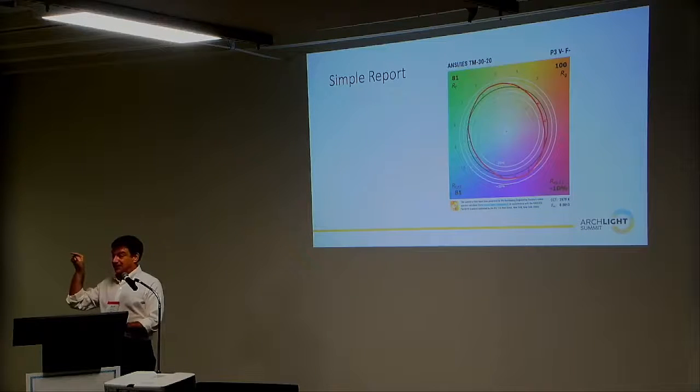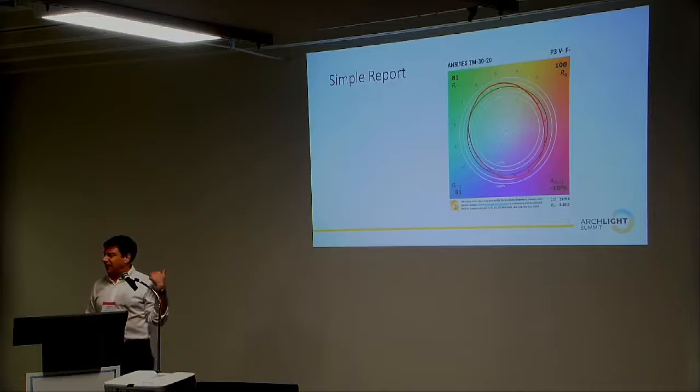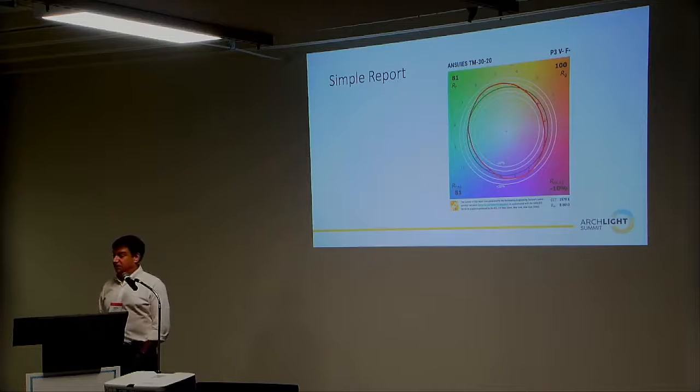The dash means that it doesn't qualify at all, so the numbers don't reach even the priority level of 3. Lower right-hand corner, we've got the CCT and the Duv, so that's useful information. And then the text there at the bottom is just saying to you that this was generated by the online version of this calculator using version whatever is up there. So when a report is made, it's tracking the TM30 version that was being used.